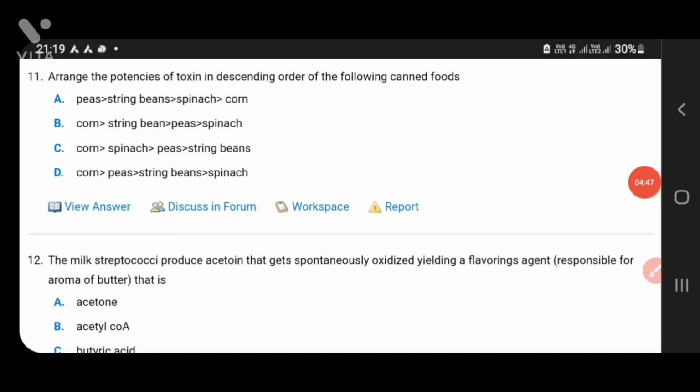Okay. Next is arrange the potencies of toxins in descending order of the following canned foods. See, the potencies of toxins are based upon the quantity. At what quantity, how dangerous is that toxin? Based upon that, we can calculate the potencies of the toxins. Suppose you take LD50, lethal dose 50.